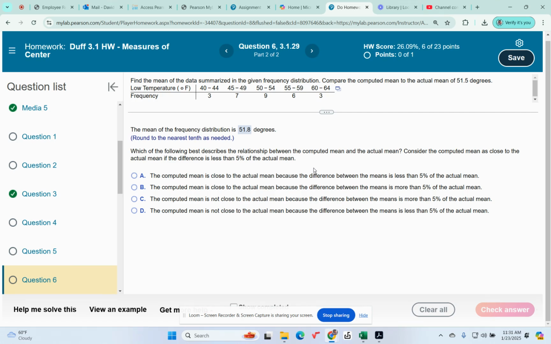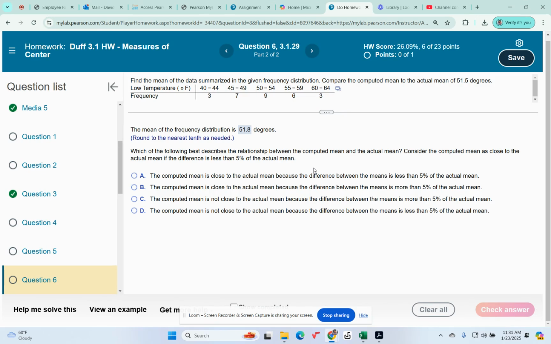So I'm going to grab my calculator and I'm going to multiply 51.5 times 0.05, right? Multiplying 51.5 by 0.05 will tell us what 5% of 51.5 is. 5% of 51.5 comes out to 2.575.